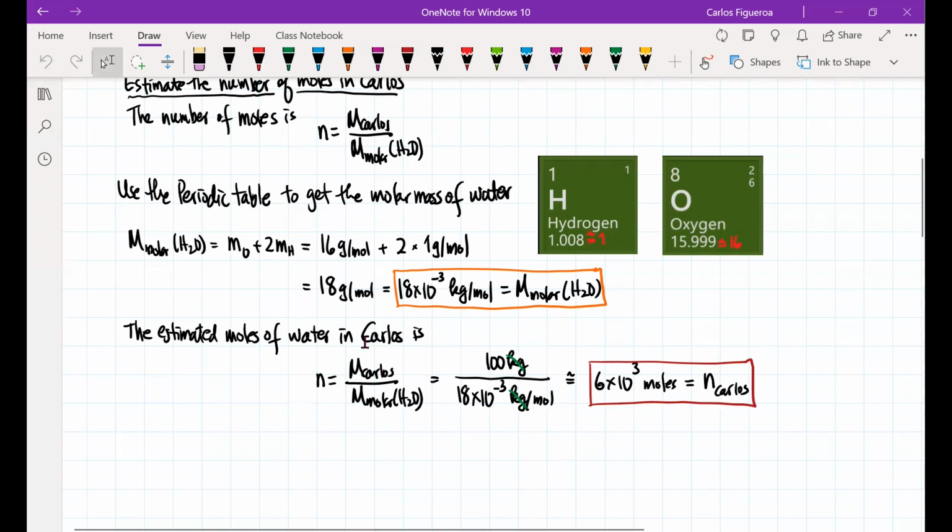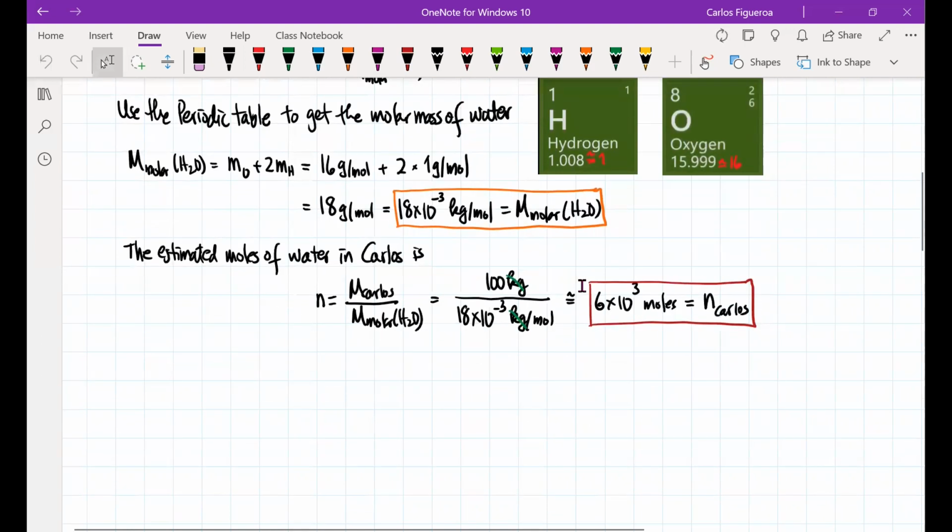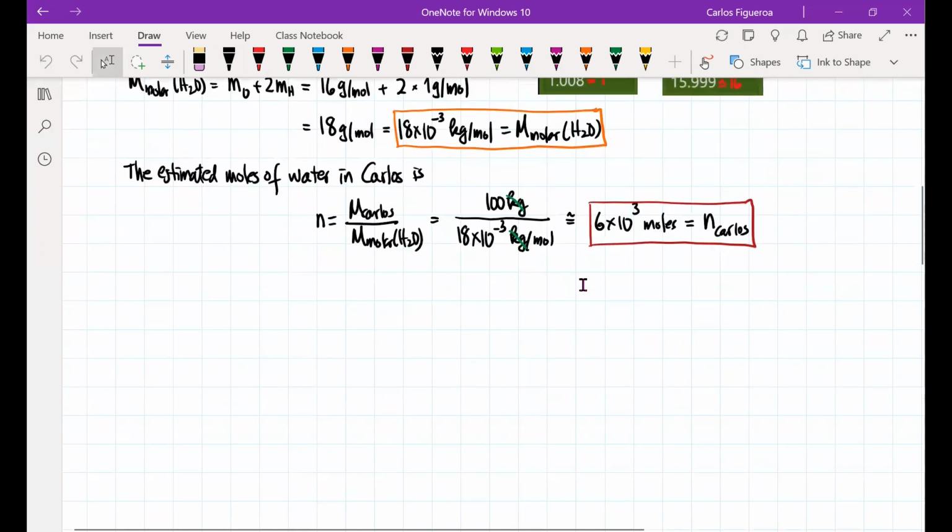Next, I can estimate the number of water molecules.